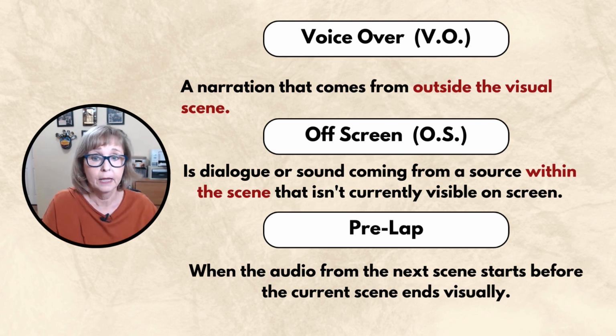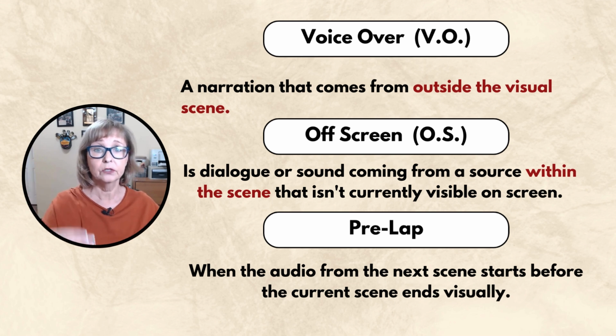Another one is a pre-lap, which for the most part works in conjunction with off-screen dialogue. A pre-lap is when the audio from the next scene starts before the current scene ends visually. So a pre-lap always starts at the beginning of the scene because it's pre-lapping the scene before.